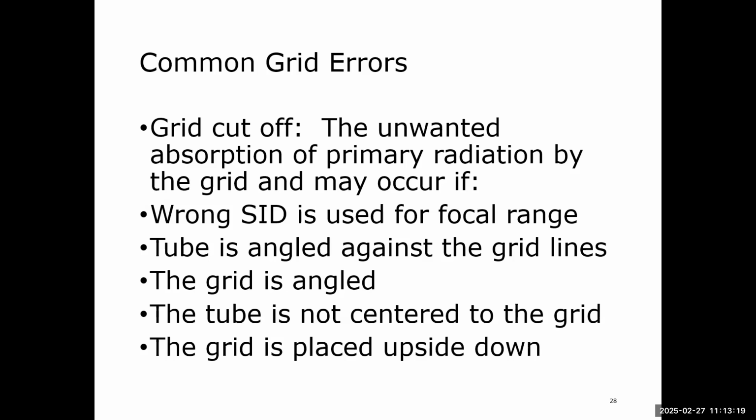Your exposure indicators are going to indicate that you are underexposed, even if the mAs that you used should have worked for that patient. If you're not using your grid right, you can keep adding mAs and it's not going to fix a thing if you don't correct the mistake you're making with the grid.